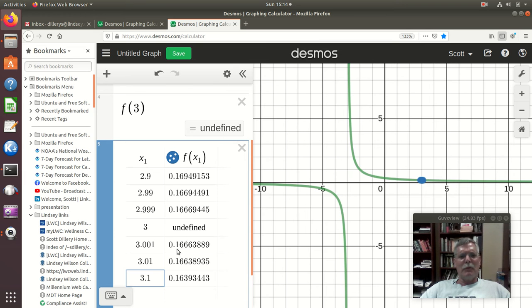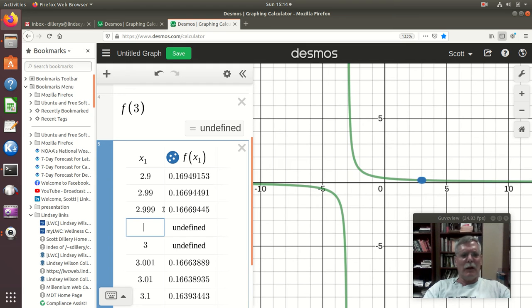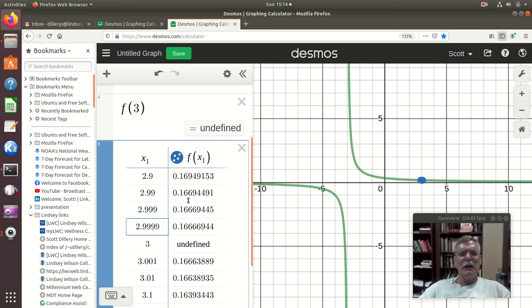And so there I have the numbers, and by the looks of it, this is probably going to 0.16666, so 0.16 with the 6 repeating. We could always check that. I could go in here and add another 9, 2.9999. Yeah, it seems to just keep moving that 6 over, adding another 6, and everything else looks kind of the same.